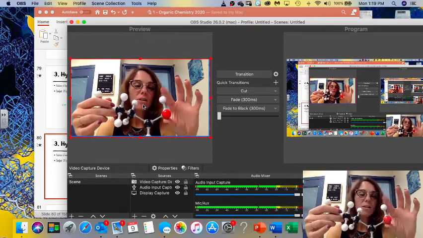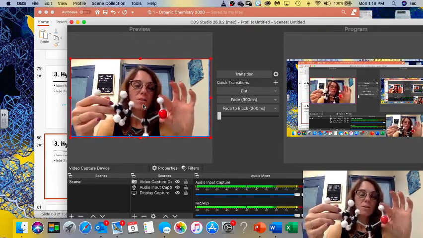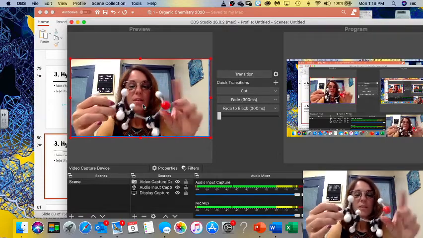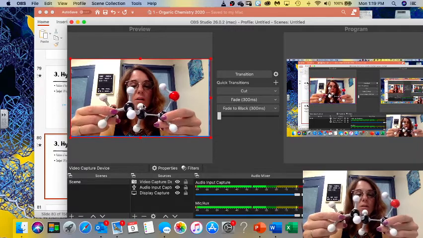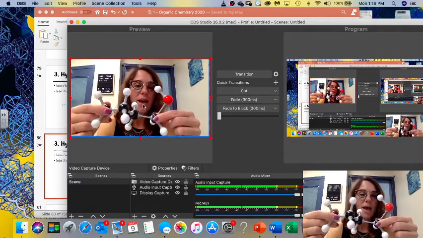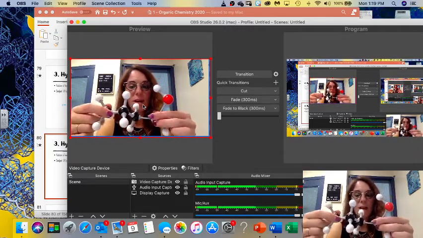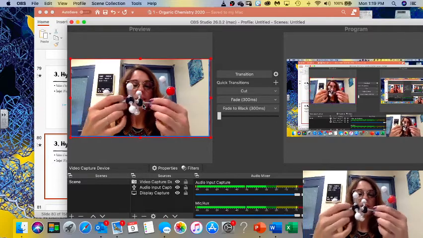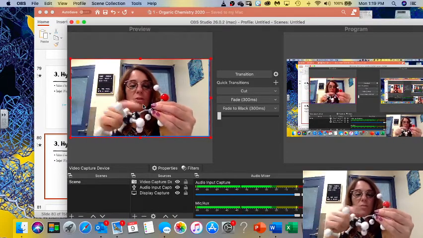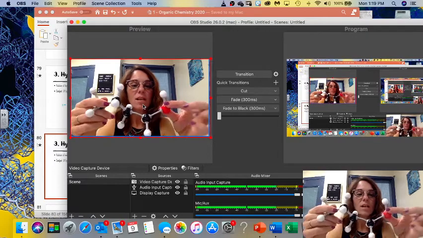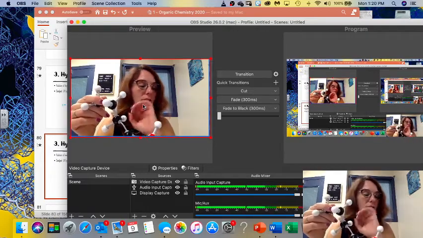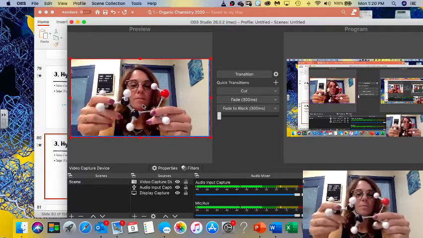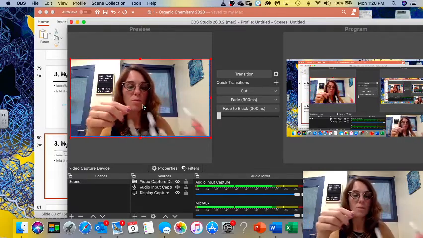But an alcohol is anything that has this hydroxyl group attached to it. This is actually called butanol. So butanol, OL is the ending that we use for alcohols, and we attach that to the name of the alkane. So this is butane. Butane, we take off the E and add OL to become butanol. We're going to look at alcohols in a lot more detail when we get to the functional groups, but that's what this is called right here.